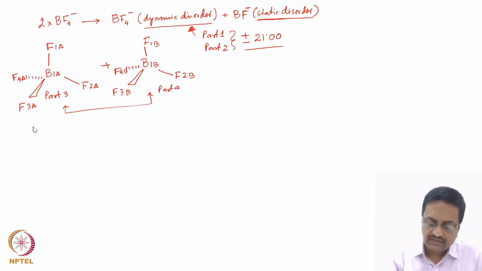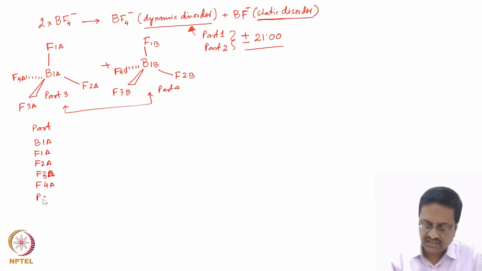So in part 3, we should arrange these atoms in the sequence B1A, F1A, F2A, F3A, F4A, and we close it with part 0.